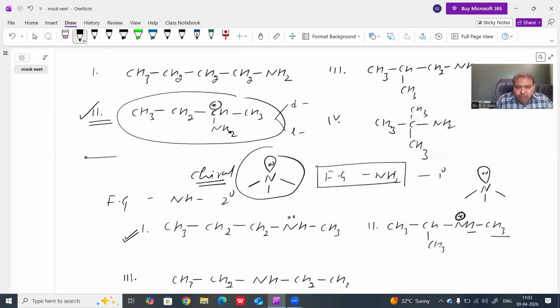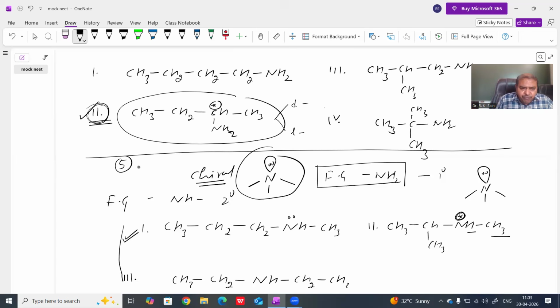Hence, total 5 primary amines: 4 structures, and in case of secondary butylamine we consider 2, namely D and L. Then 3 secondary amines, and 1 tertiary amine, and hence total 9 isomers including stereoisomers, in which 8 are structural and 1 compound is optically active, and we consider its 2 stereoisomers.